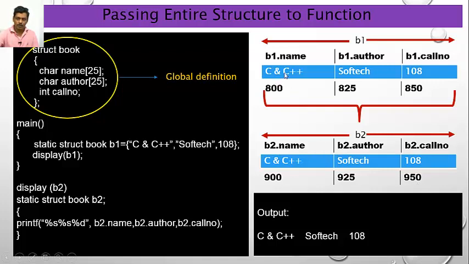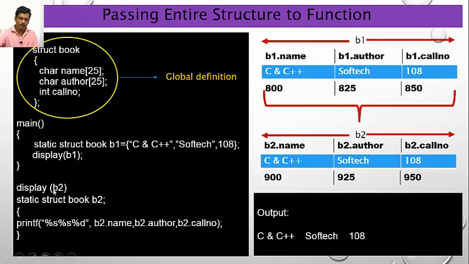So b1 is transferred to b2. It just copies all the element values to the formal arguments. That is, b1 dot name is automatically transferred to b2 dot name, b1 dot author to b2 dot author, b1 dot call number to b2 dot call number. So the value of b1 is transferred to b2.